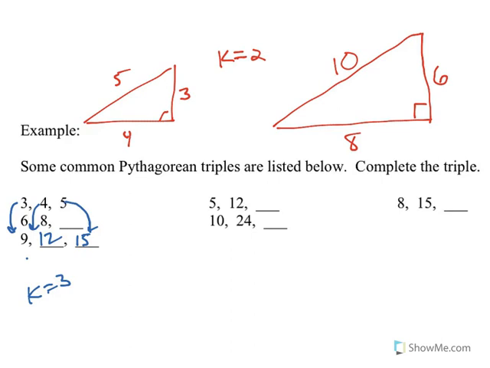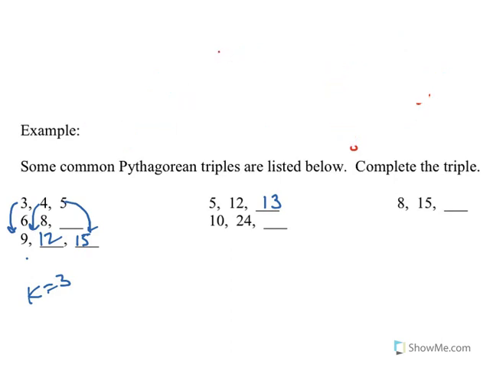Another common Pythagorean triple is the 5, 12, 13. This is a different shaped triangle than the 3, 4, 5. It's a little bit longer and skinnier. If we were looking at a 5, 12, 13, then we have a right triangle where this is 5, this is 12, and the longest side, the hypotenuse, would be the 13.